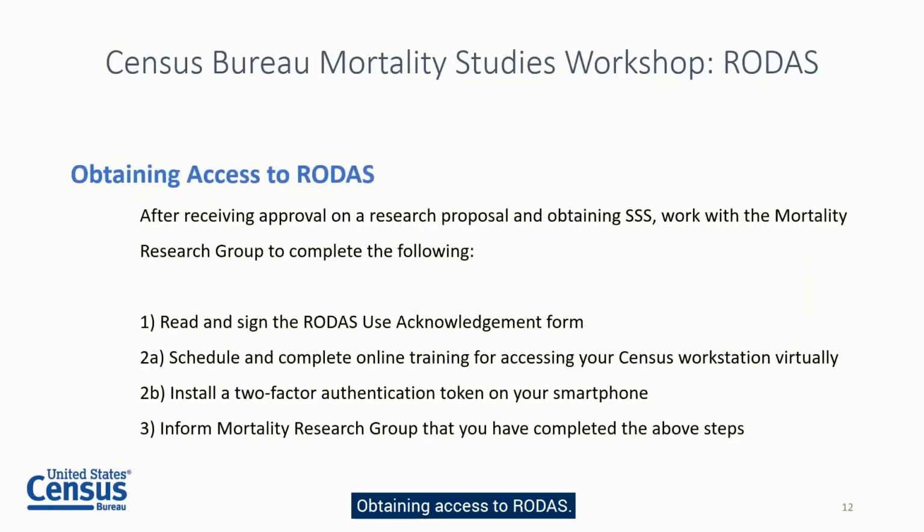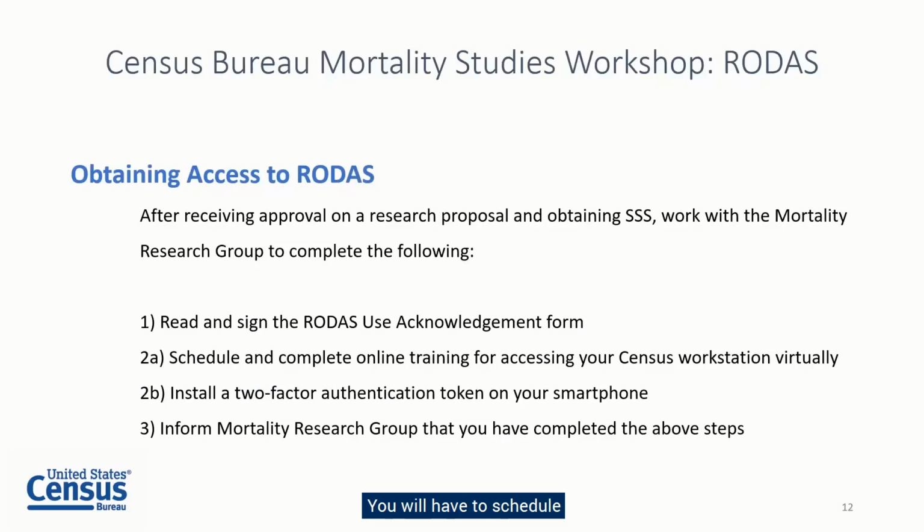Obtaining access to RODAS. After receiving approval on research proposals and obtaining SSS, the researcher will work with the Mortality Research Group to complete the following. It will be required to read and sign a RODAS use acknowledgement form.